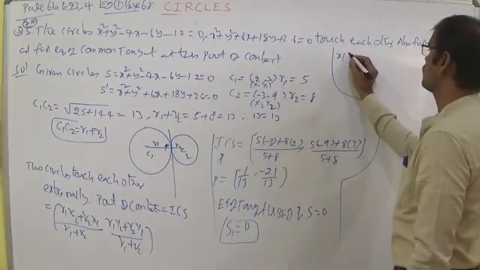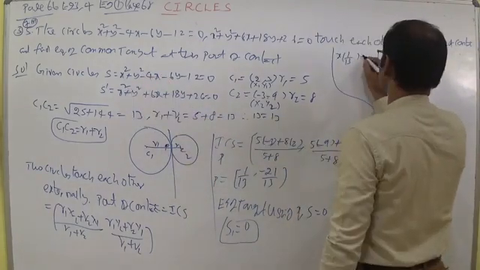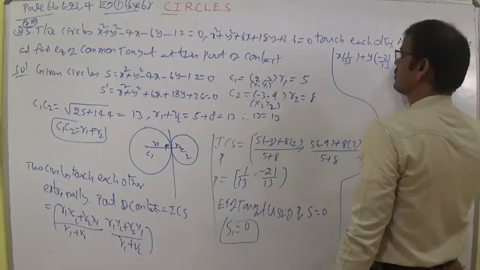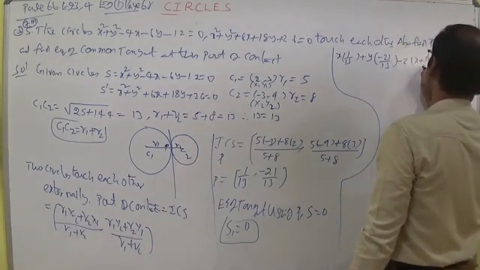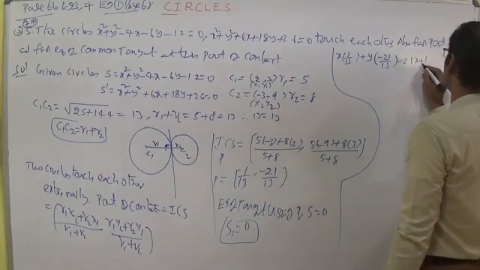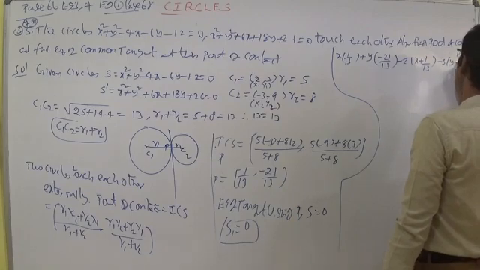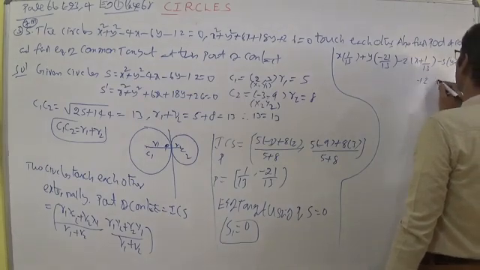X into, now you write 1 by 13. Using circle S equal to 0 you observe this one. Y into minus 21 by 13 plus g means here minus 2. Minus 2 into x plus 1 by 13, minus 3 into y plus 21 by 13, minus 12 equal to 0.